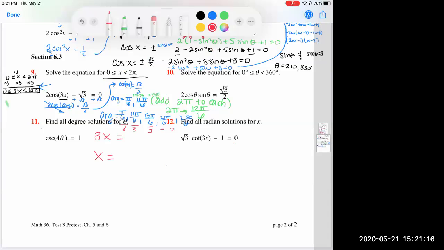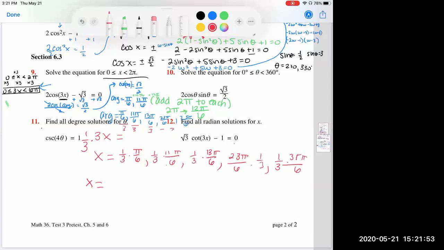So you get x is equal to, now this is essentially multiplying by 1/3, right? So we have 1/3 times pi over 6, 1/3 times 11 pi over 6, 1/3 times 13 pi over 6, 23 pi over 6 times 1/3, and 1/3 times 35 pi over 6.